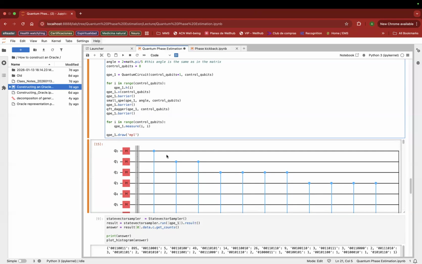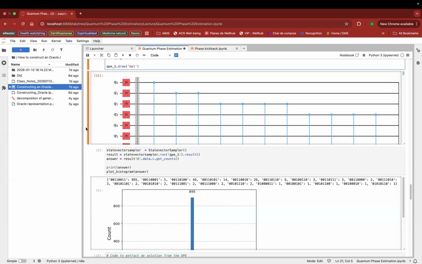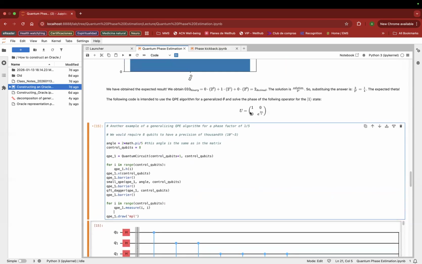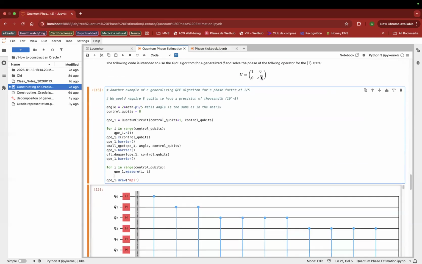It really depends on the quantum computer, but they cannot really execute such things with good performance, being very honest. So imagine how far we are from running this circuit in a real quantum computer. It's impossible.